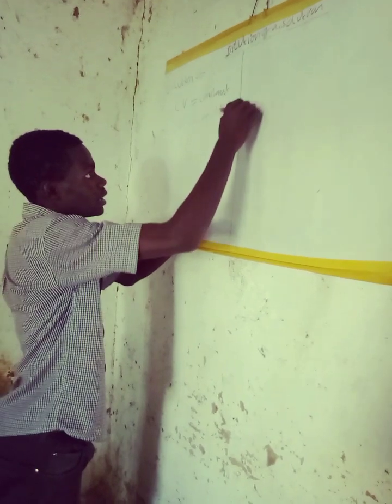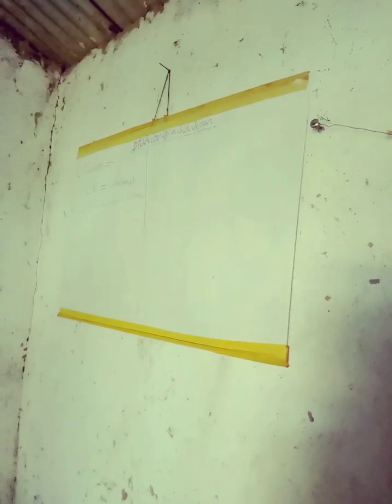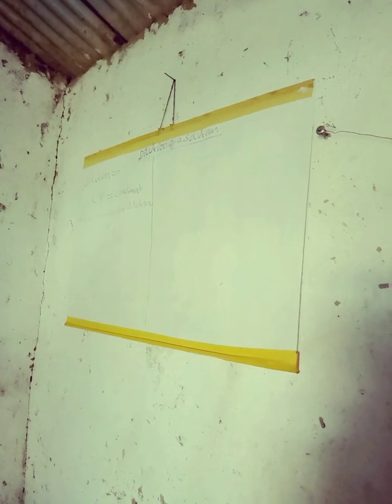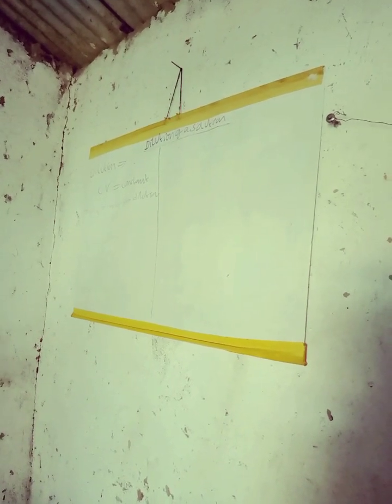I will calculate the molarity at 25 degrees Celsius. Commercial HCl is 35% by mass. Calculate its molarity given that at 25 degrees Celsius the density of the acid is 1.08 grams per centimeters cubed.